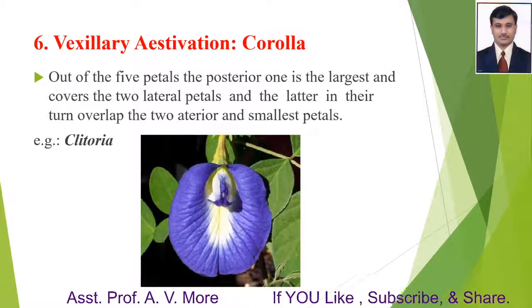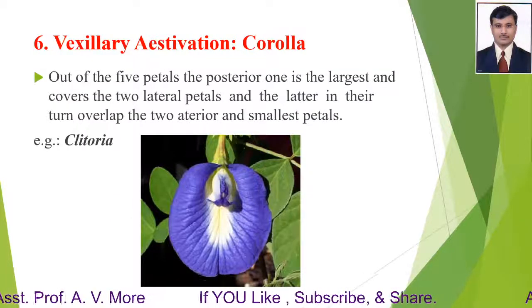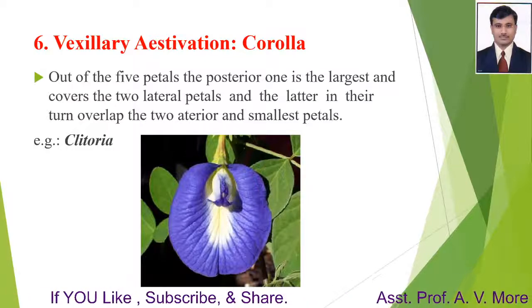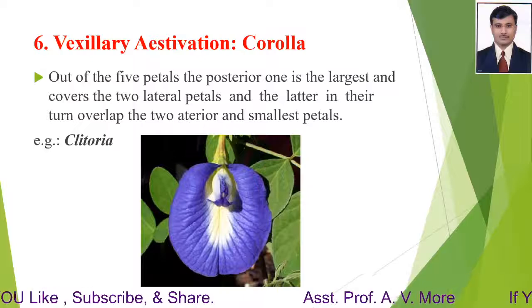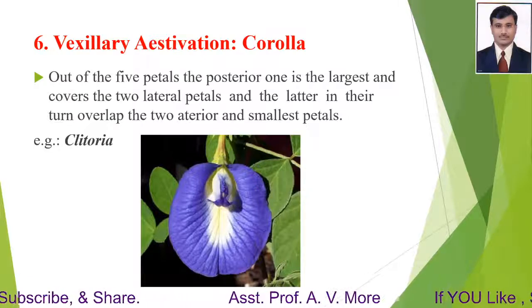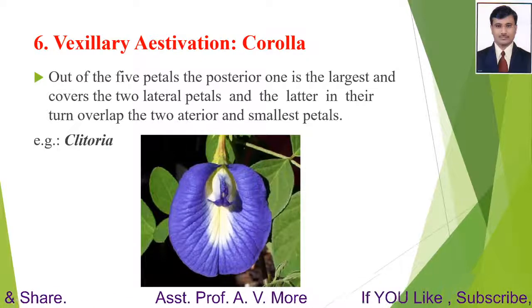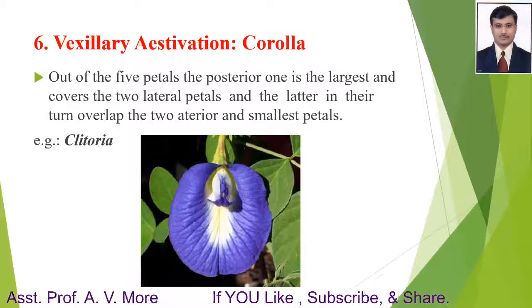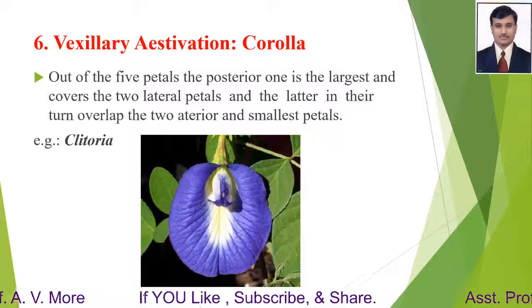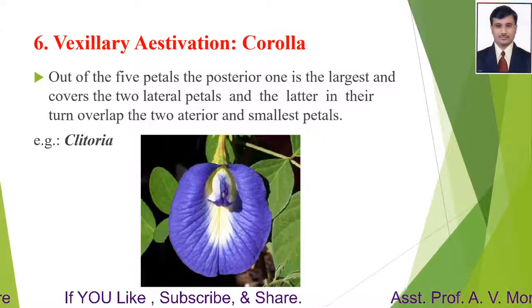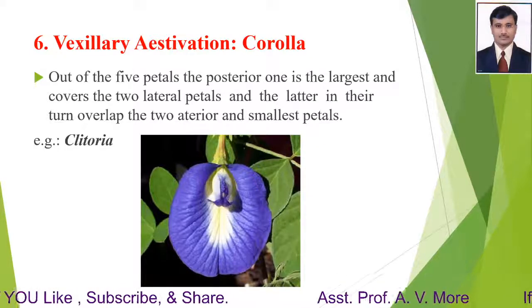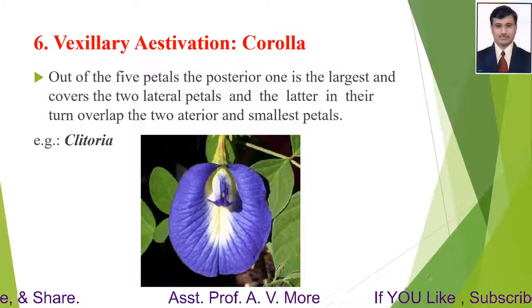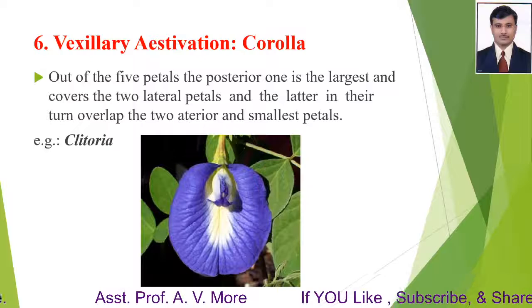Sixth type, that is vexillary aestivation. In that aestivation, out of the 5 petals the posterior one is the largest and covers the 2 lateral petals, and the latter in their turn overlap the 2 interior and smallest petals.